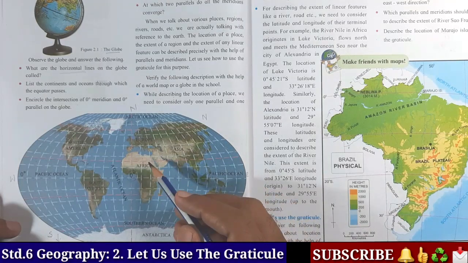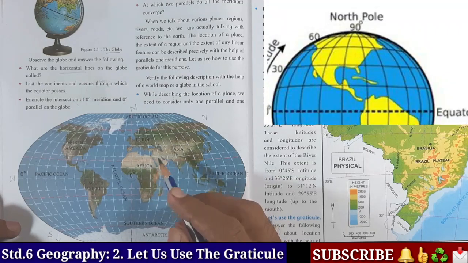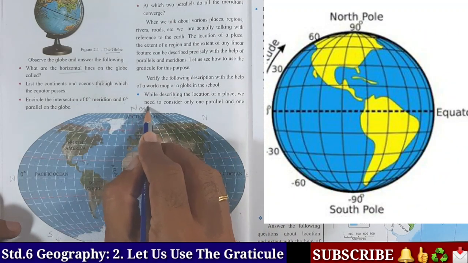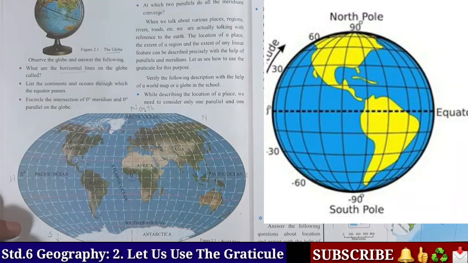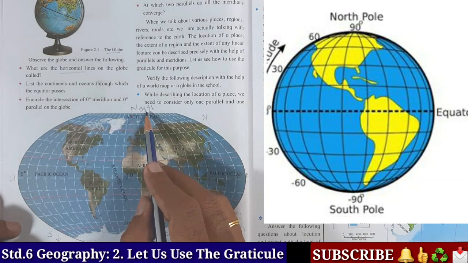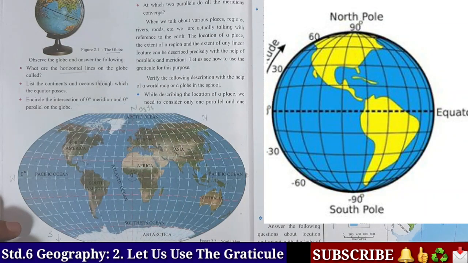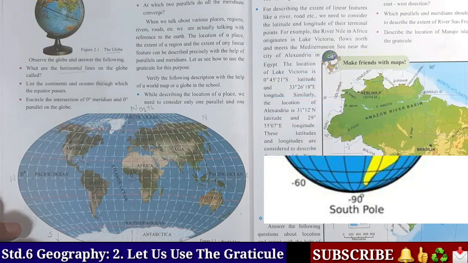Yes, student, all the meridians converge at the points called the North Pole and the South Pole. So all the meridians come together at the North Pole, and downwards at the South Pole. Okay, students, have you understood?